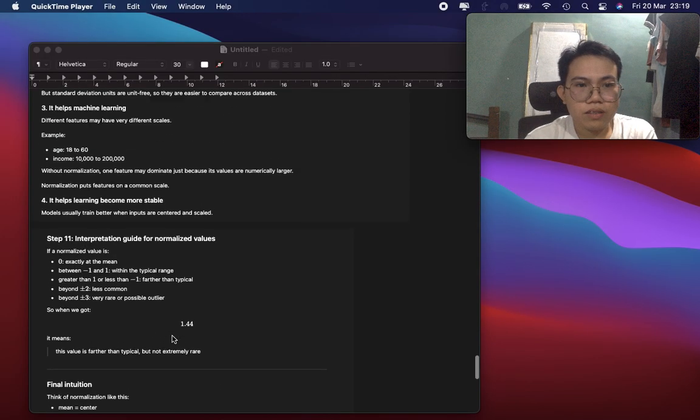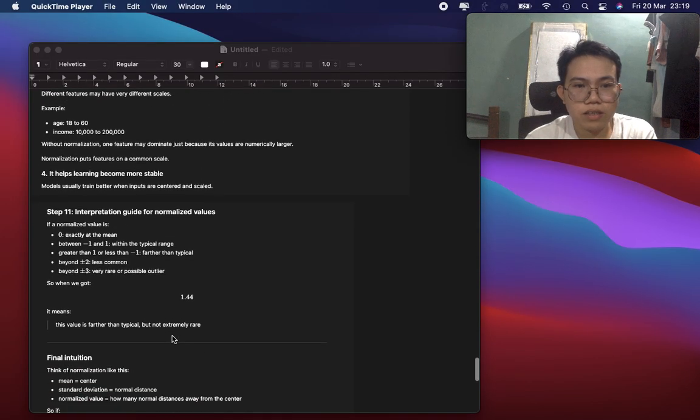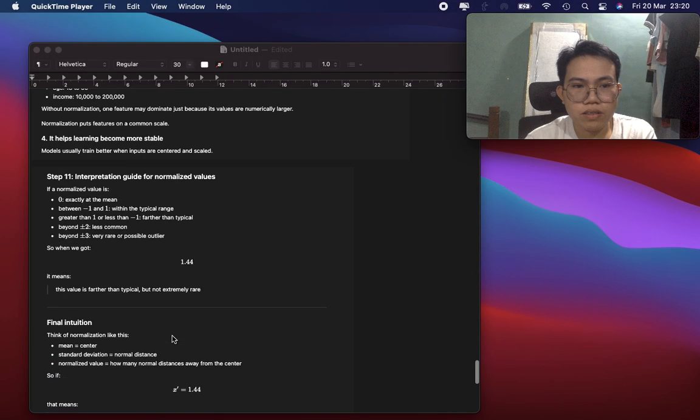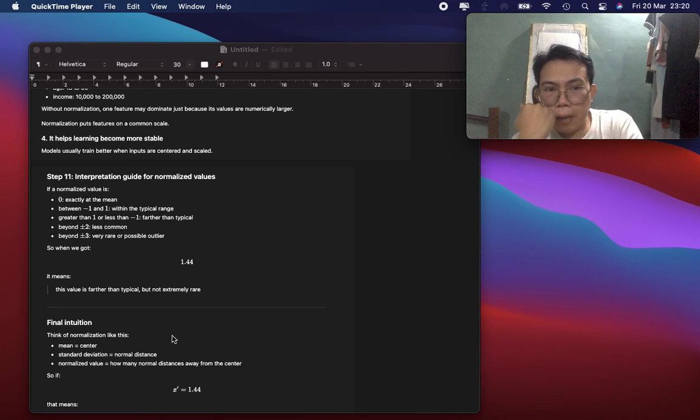So let's talk about the interpretation guide of normalized values. When we normalize the values in the data set, our new mean is exactly zero. Between -1 and 1 is within the typical range, the value of the standard deviation.